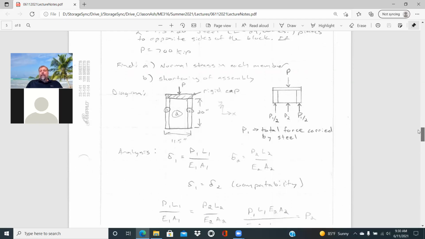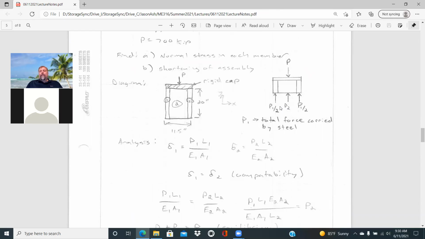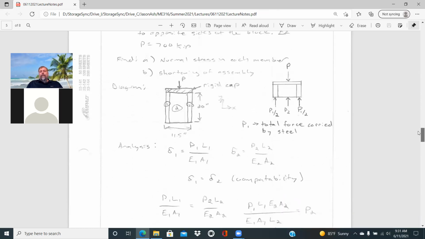And I'll show you the alternative way. You could just look at that as P1 on each one of those. But if we were to sum forces in the y direction, we'd have these combined together to give us P1 plus P2 minus P is equal to 0.